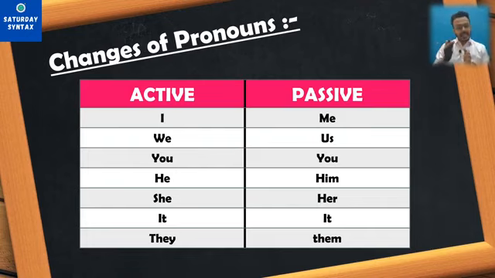So this is the first step, the change of pronouns. When you convert an active sentence into a passive sentence, these are the pronouns you have to change. Clear? You have to first of all learn this table.